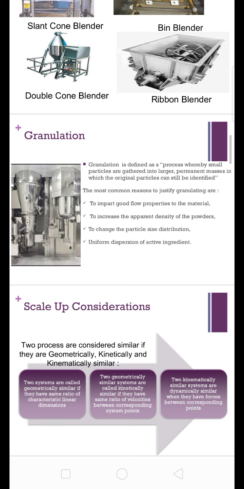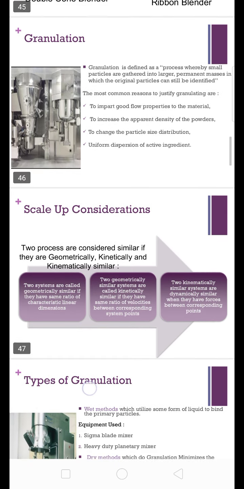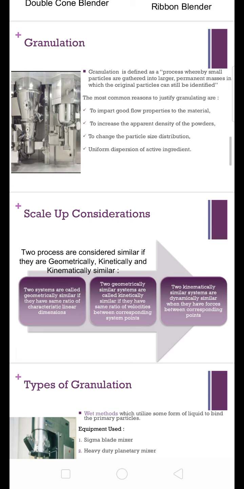And to change the particle size distribution: if you have a completely fine-size material, then by converting into granules you can change its particle size distribution. Also, by granulation, uniform dispersion of the active ingredient is achieved. This is the introduction to granulation and why we are going for granulation.